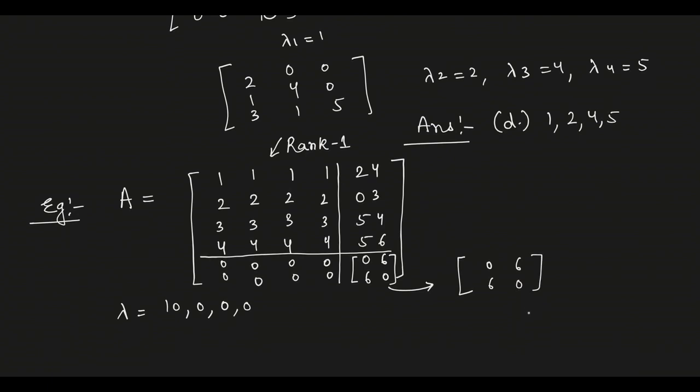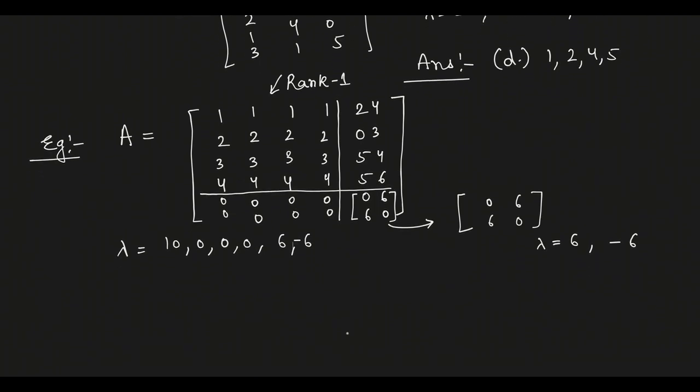Row sum is 6, na, so one of the eigenvalues will be 6, and the other can be computed using trace. Trace is 0, so minus 6. Is this clear? Yes, ma'am. Okay.